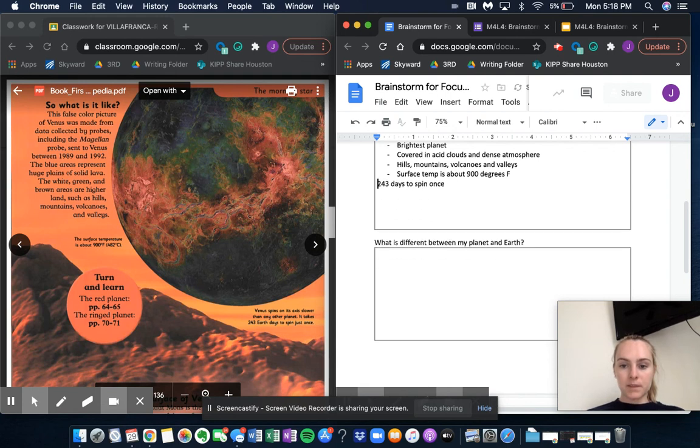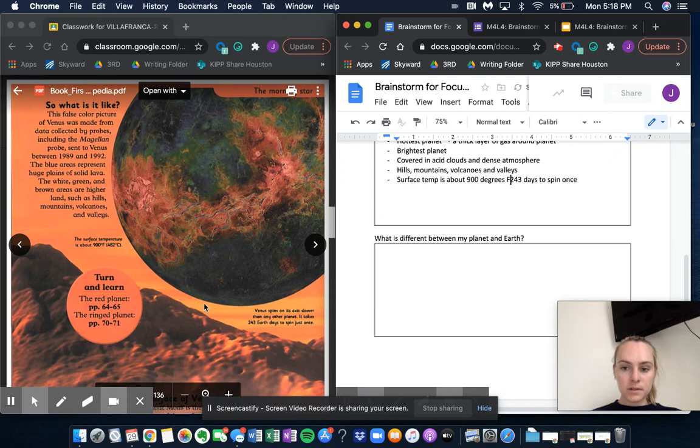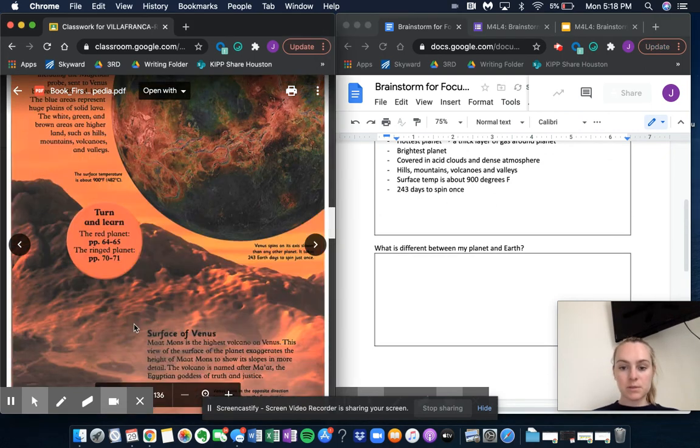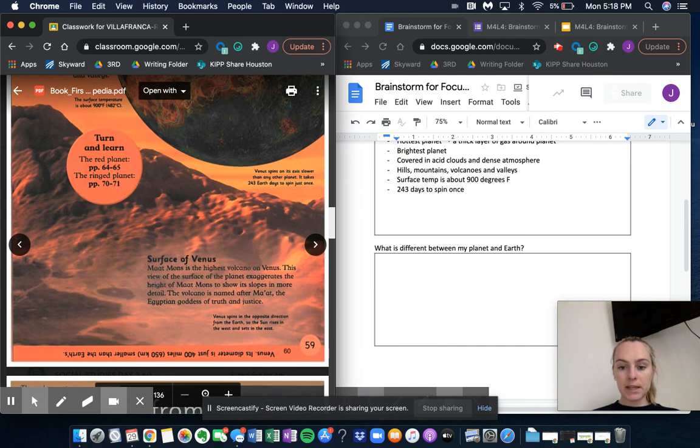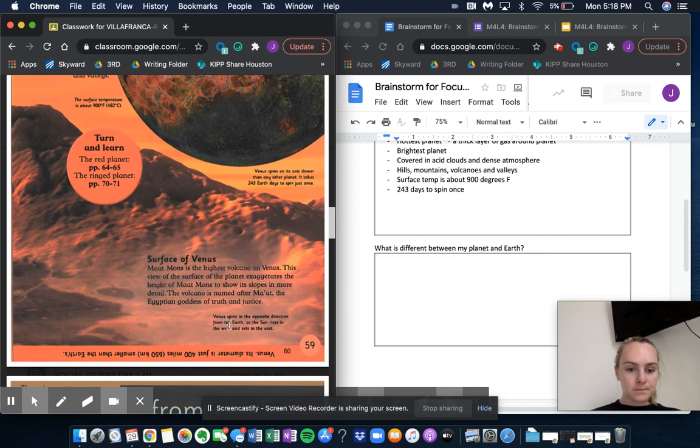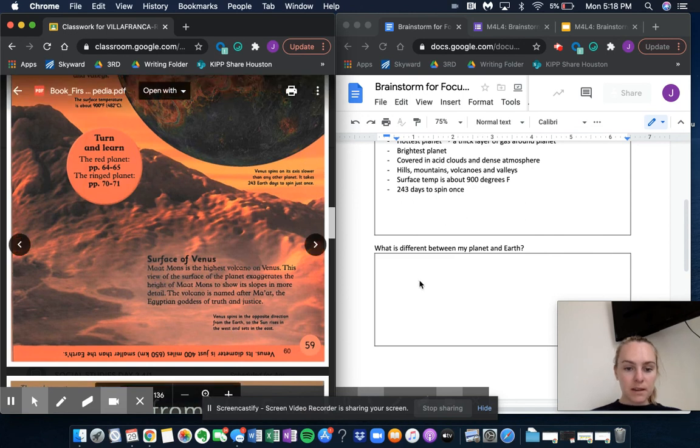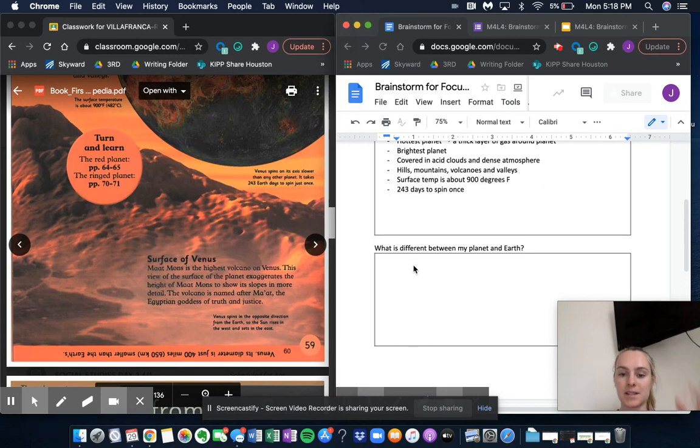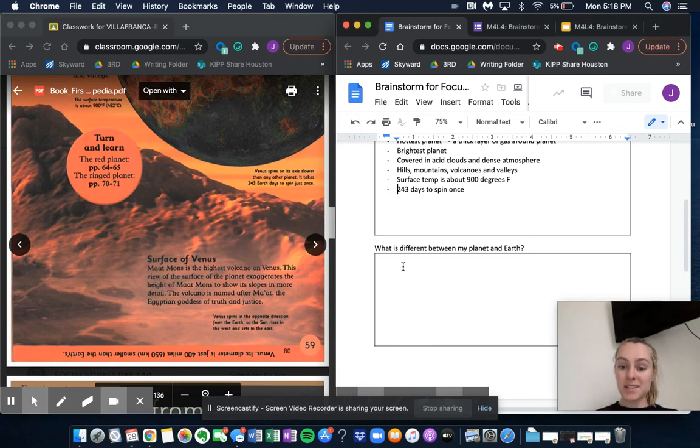Okay, and now let's see if we can start finding some differences between my planet and Earth. Okay. Oh, here's an interesting fact. Venus spins in the opposite direction from the Earth. So the sun rises in the west and sets in the east. That is a difference. Okay, so we can say spins in the opposite direction from the Earth.